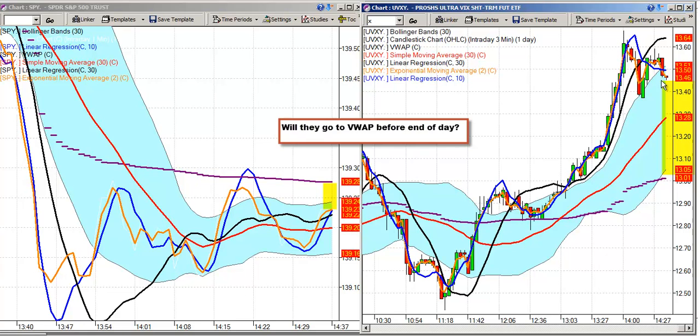And now the hypothesis was, with 90 minutes left in the session, are we going to get another big run up, or is it more likely to come back to the volume-weighted average price, given that the S&P was in a pretty tight range and had only a short move to go back to the VWAP.